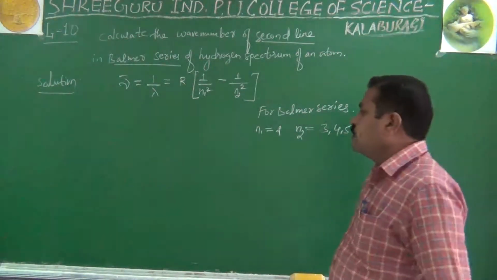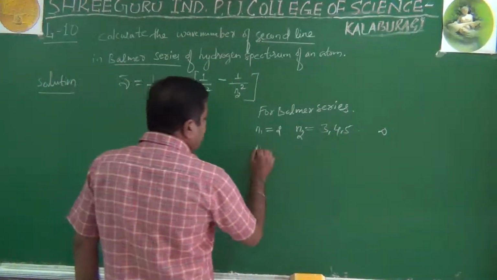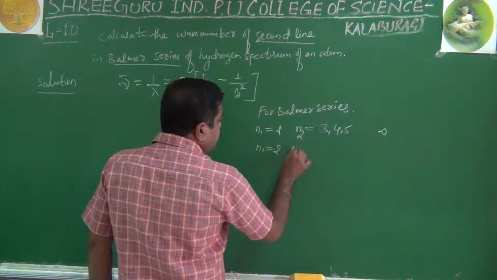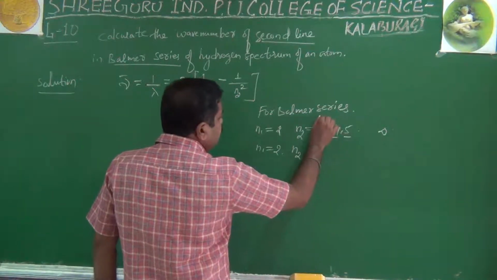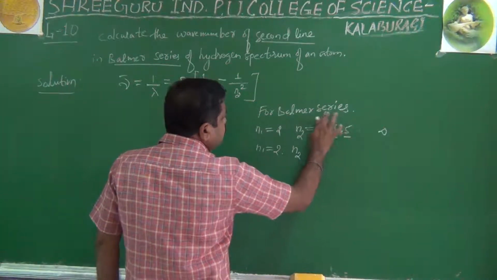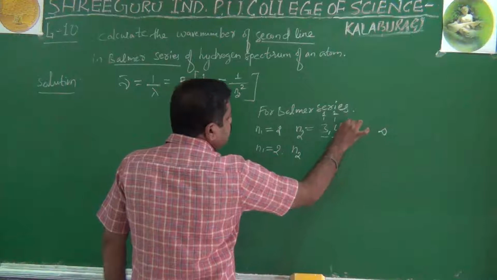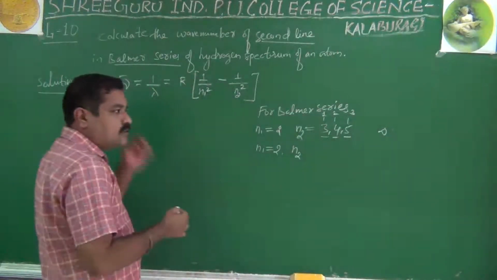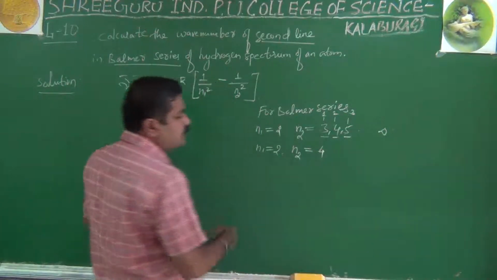Now what they are asking you, here the n1 value is 2 and for n2, this is the first line, this is the second line, this is the third. They asked you the second line, so the n2 value you have to take as 4 here.